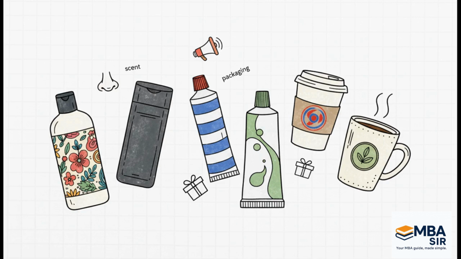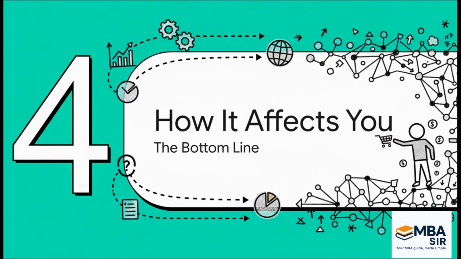That tiny little difference is what companies use to try and get a little bit of price setting power. So we've gone from one end of the spectrum to the other, from a perfect theory to the messy reality. But why does any of this actually matter to you in your day to day life?